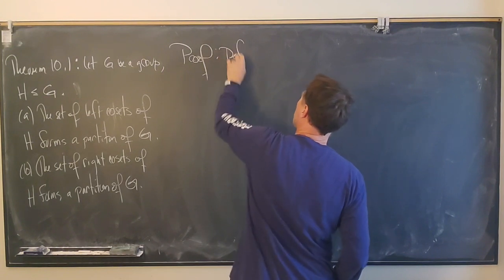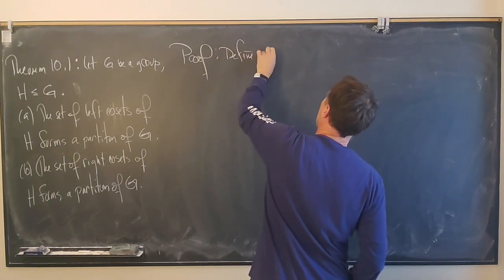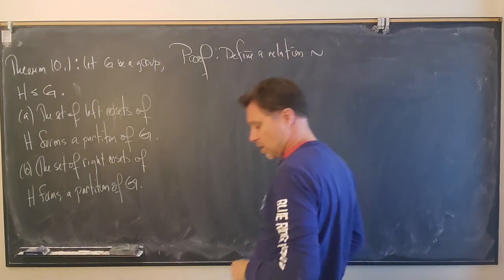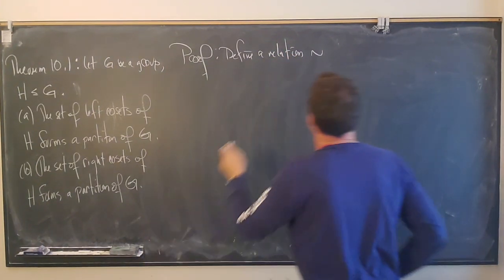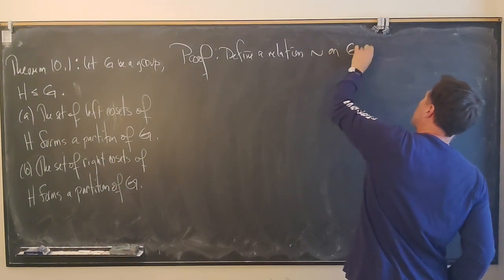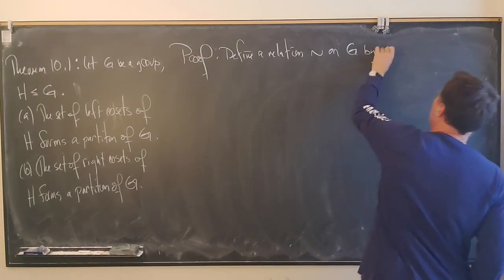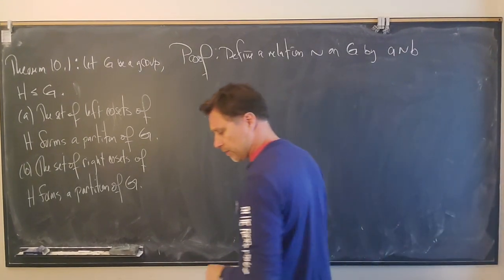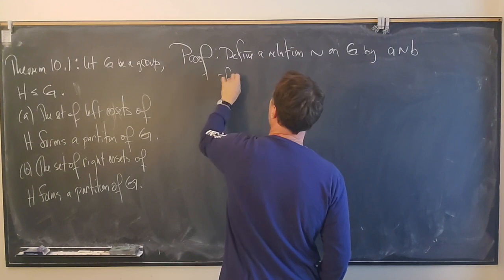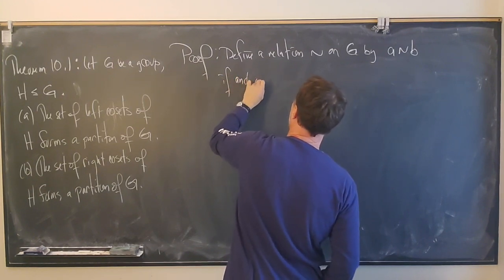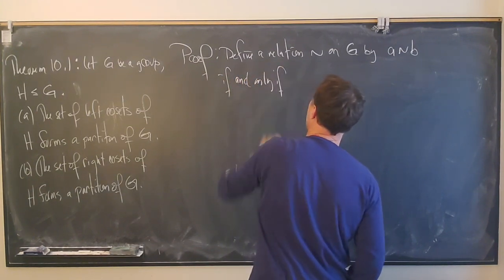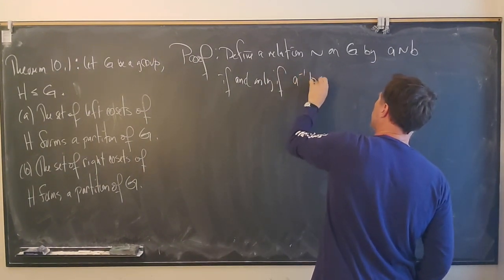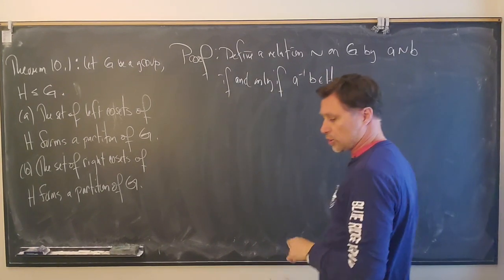So let's define a relation, call it tilde, on capital G by A tilde B if and only if A inverse B is an element of H.